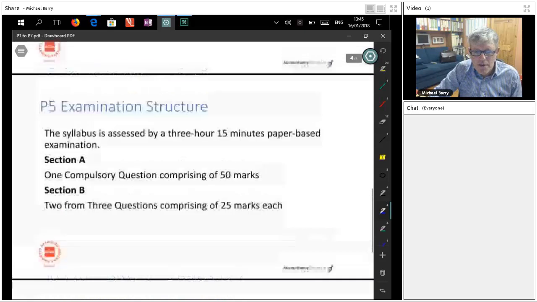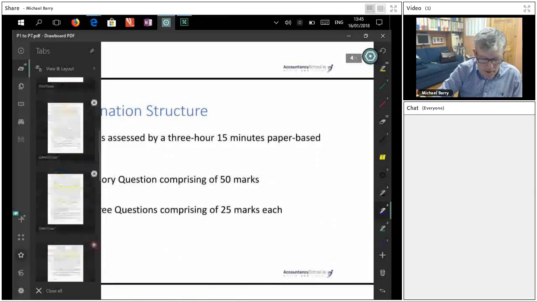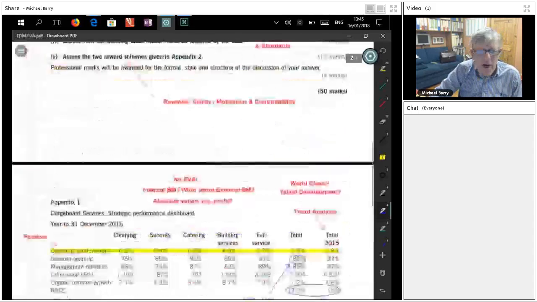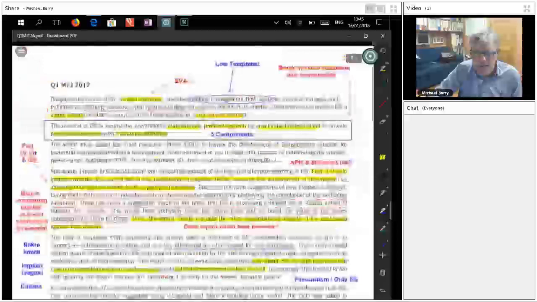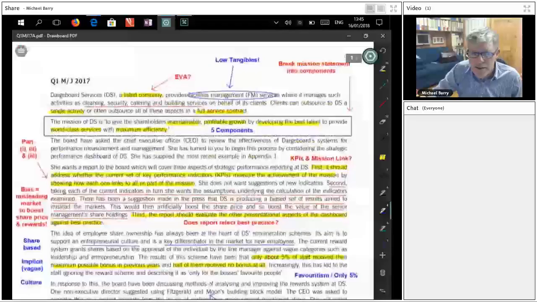Now, to give you an idea as to what an exam paper looks like, what I've done is I have gone to our March-June 2017 hybrid paper, just to give you an idea as to what it actually looks like today.